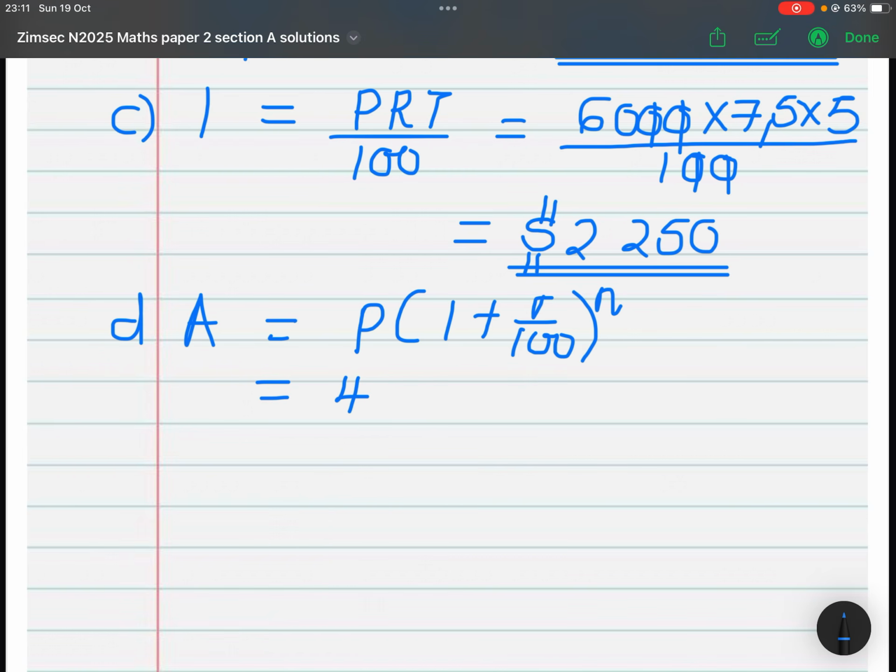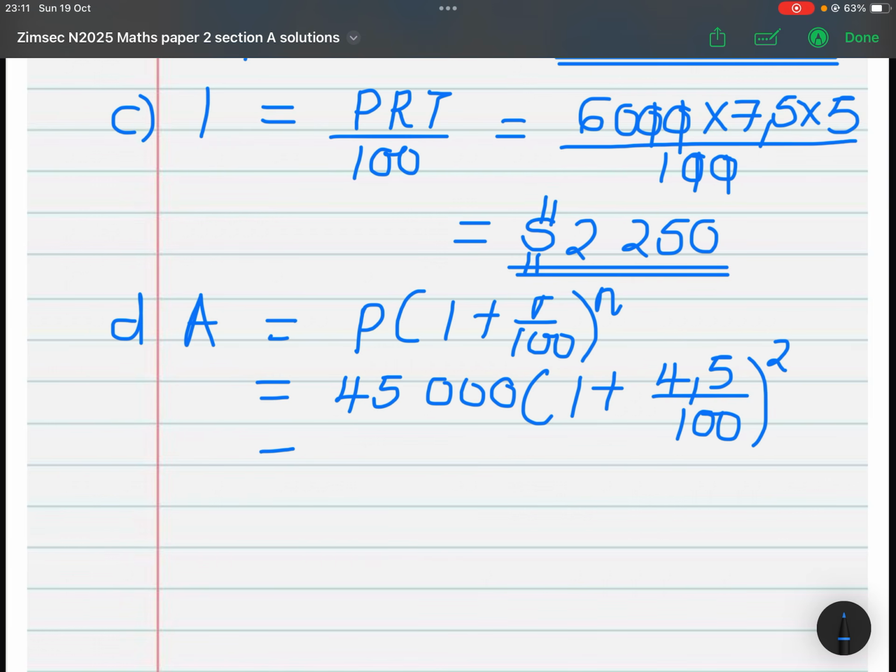So let us substitute correctly. The principal is 45,000, right? And then we say 1 plus the rate, which is 4.5%, so 4.5 over 100. And the time is equal to 2 years. So to the power of n, we substitute 2. So this is equal to 45,000 times 1 plus 4.5 over 100, which is the same as saying 1.045.